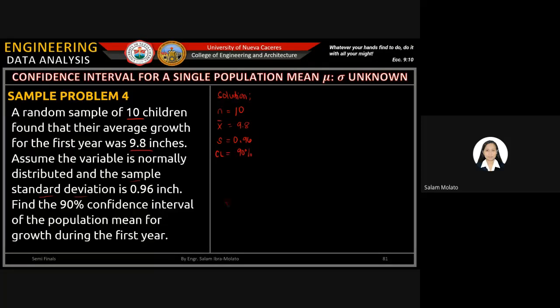So, to get the confidence interval, that is bar X minus T alpha over 2 times S over the square root of N, less than the mean, less than bar X plus T alpha over 2 times S over the square root of N.